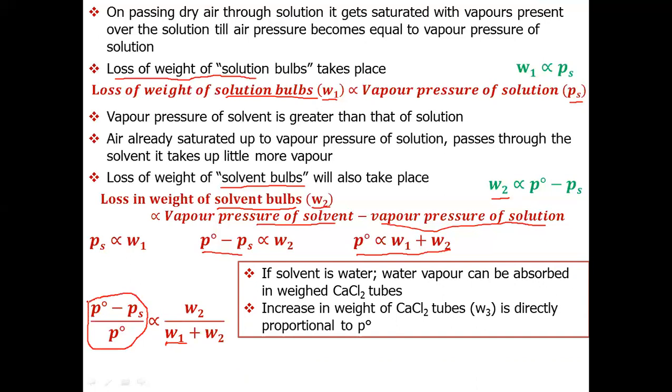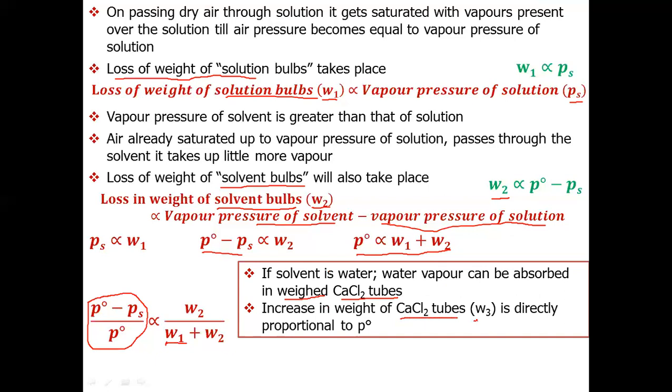Now, like I said, if the solvent is water, we can use U-shaped tubes which contain anhydrous calcium chloride, pre-weighed accurately. When the vapors come in contact with calcium chloride, as it is anhydrous, it will absorb the water vapors which are carried by dry air. So the weight of these tubes will increase.